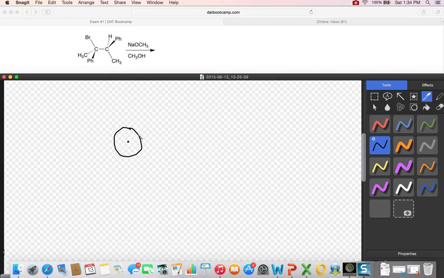And if I rotate this, the bromine is going to be straight up. And the methyl group will be down and to the left, while the phenyl group will be down and to the right.